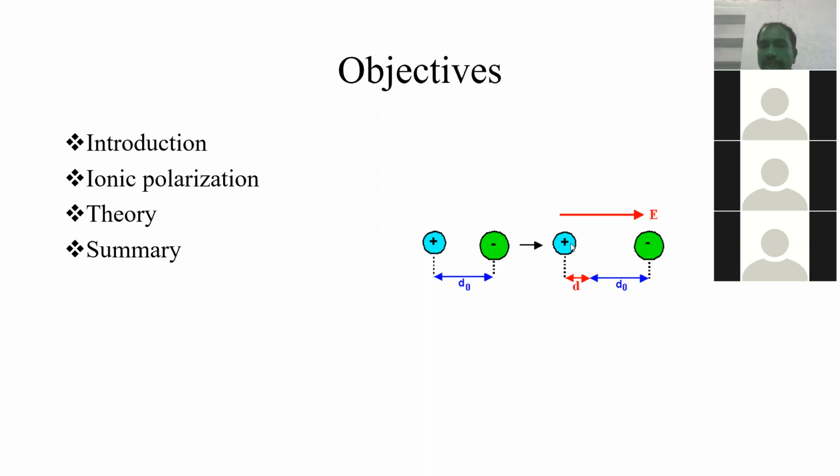The charged particle tries to move back to its original equilibrium distance, so a force exists, and the polarization has occurred.